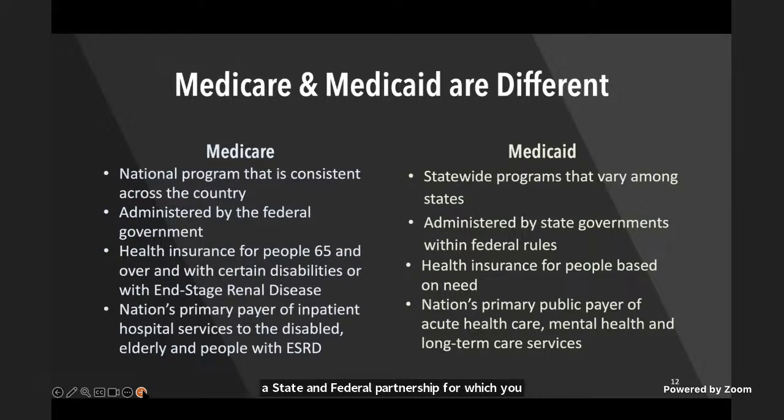I'm going to pause for a minute and just let that sink in. It is administered by state governments under federal rules, so qualifications for Medicaid are going to vary by state. And it is the nation's primary public payer of acute health care, mental health, and long-term care services.